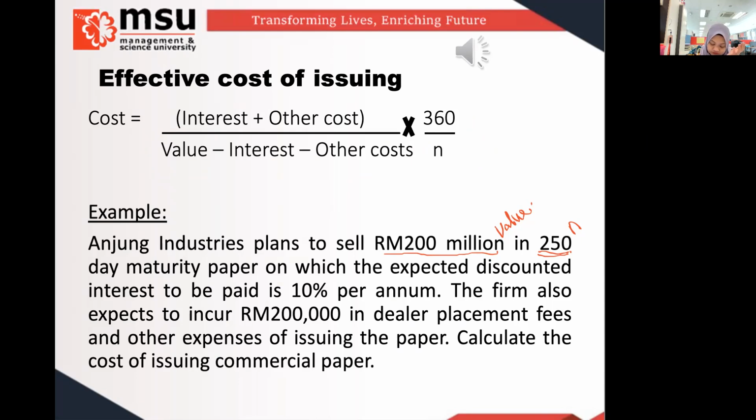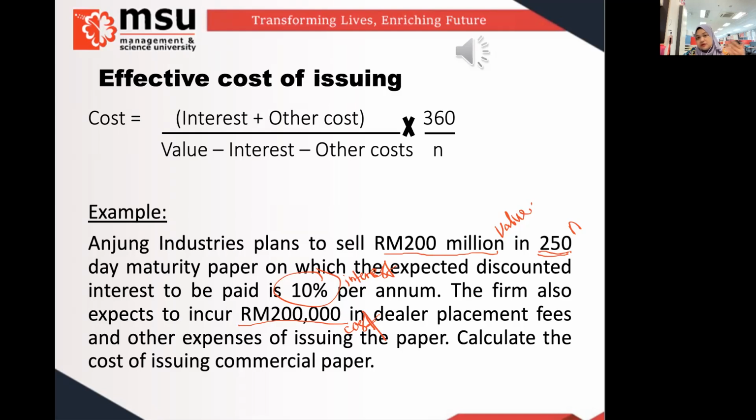This is the interest. The firm also expects to incur 200,000 in delay placement. This is the cost associated with issuing the paper. So calculate the cost of issuing the commercial paper.